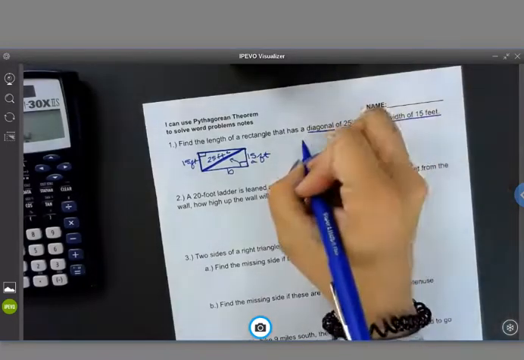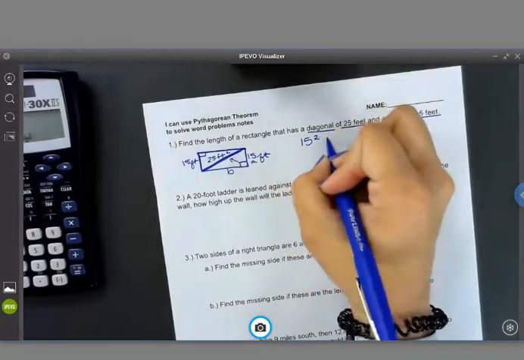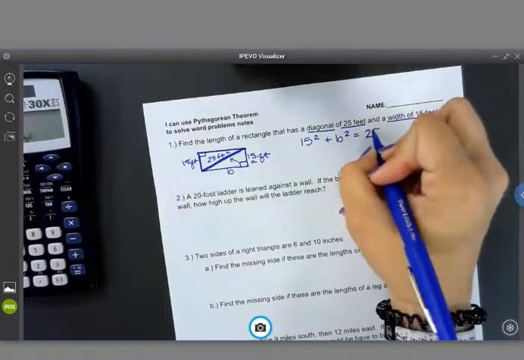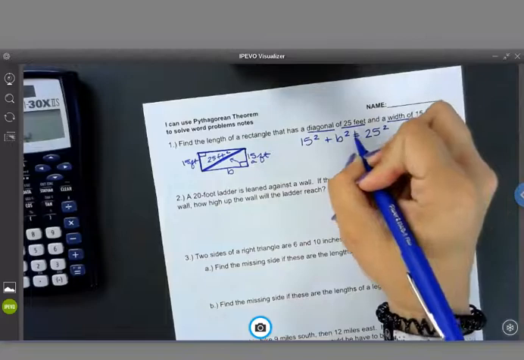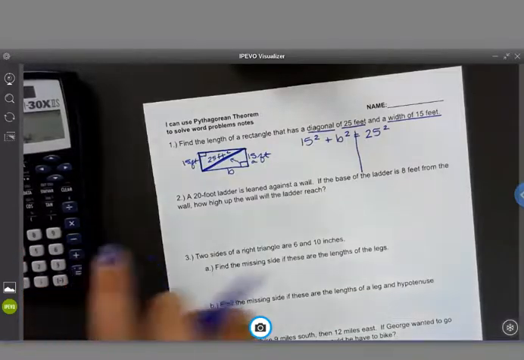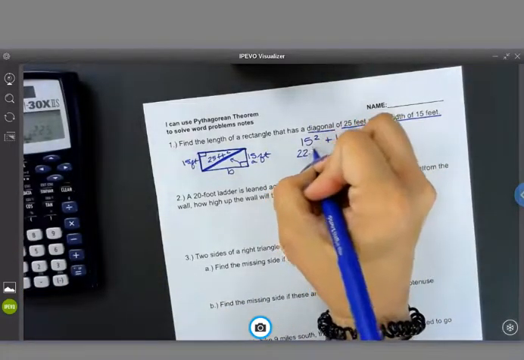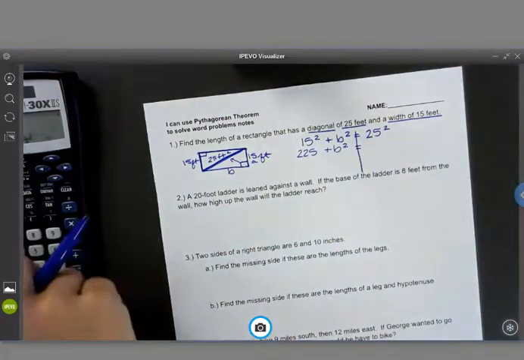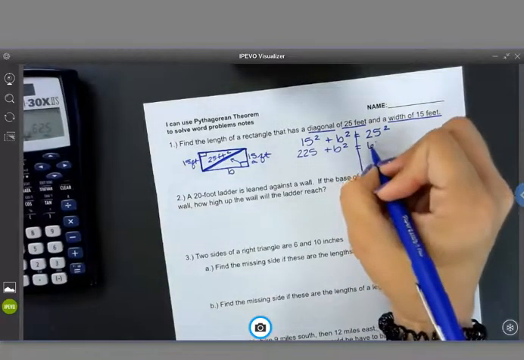Okay. So we set it up. 15 squared plus b squared is equal to 25 squared. And we solve it. So 15 squared is 225. 25 squared is 625.